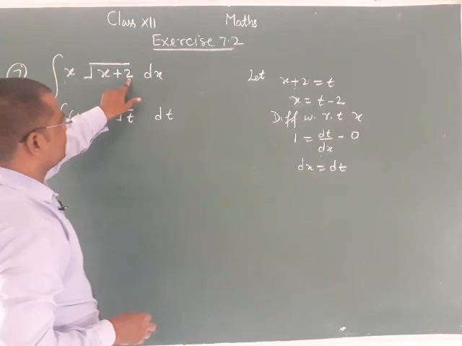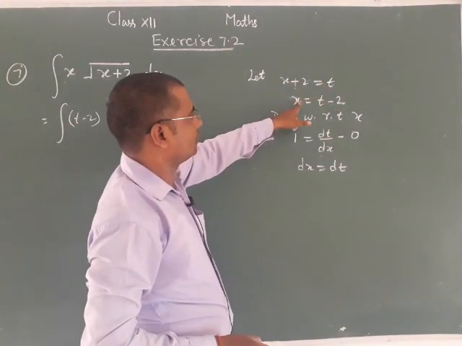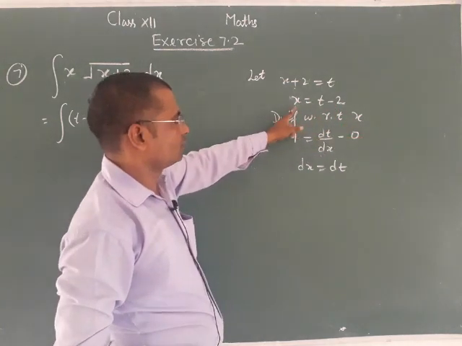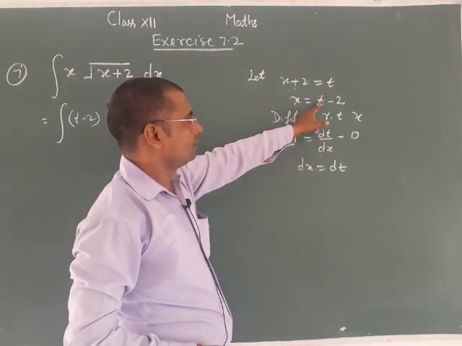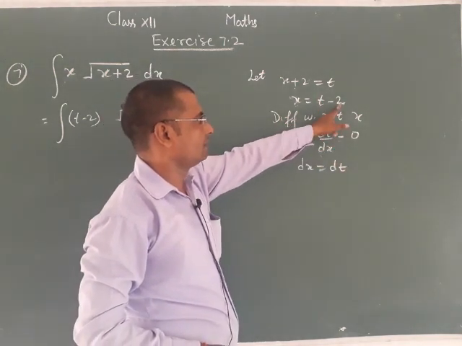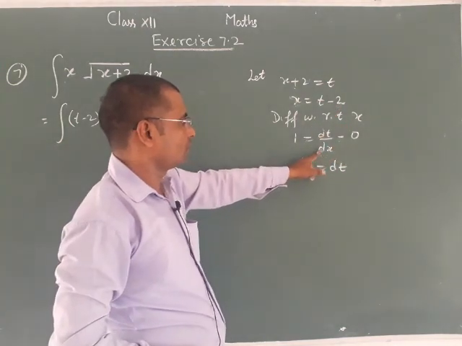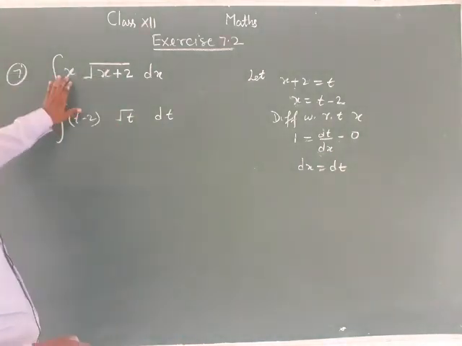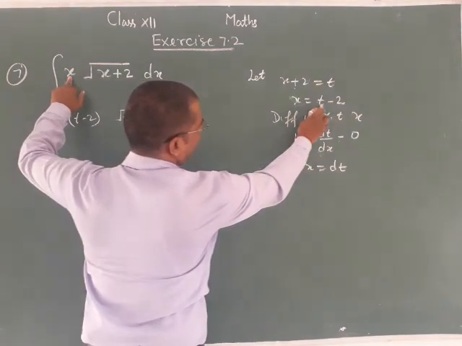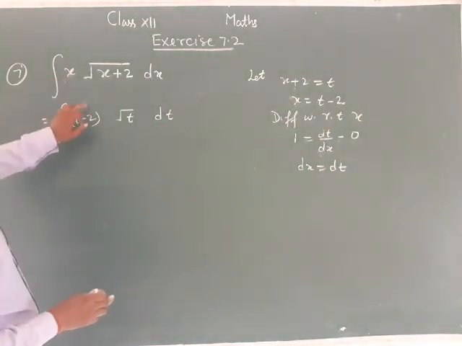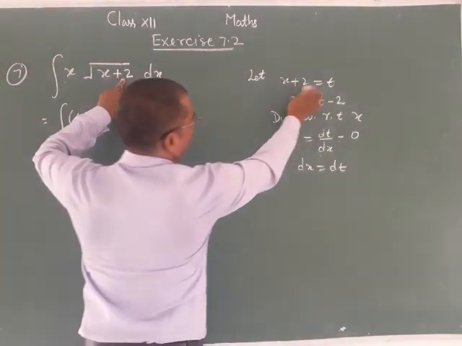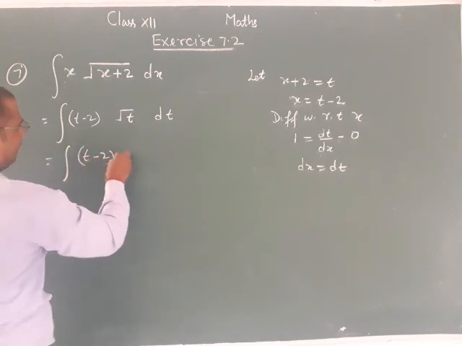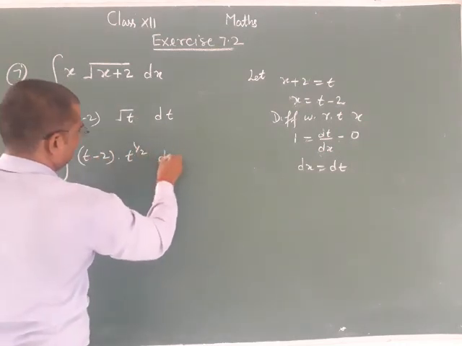So now let x plus 2 be equal to t, and we can write x is equal to t minus 2. Differentiating with respect to x, the derivative of x is 1, equal to dt upon dx, and the derivative of the constant is 0. So dx is equal to dt. Now replace x with t minus 2, and x plus 2 is equal to t. So we can write (t minus 2) times t to the power 1 by 2 dt.